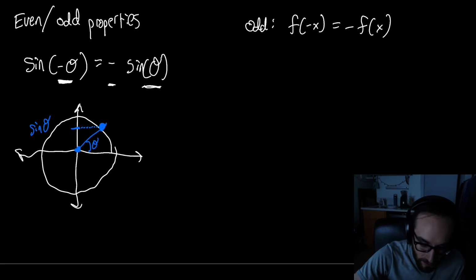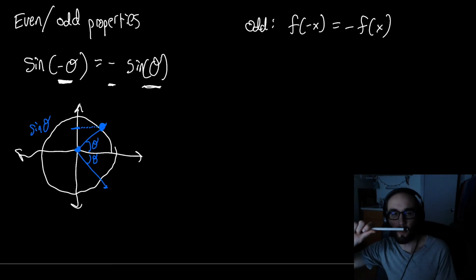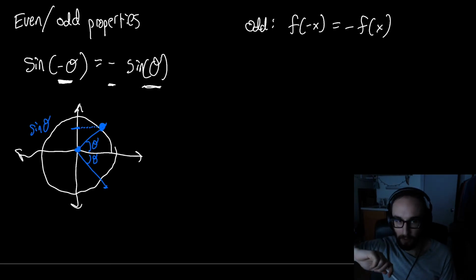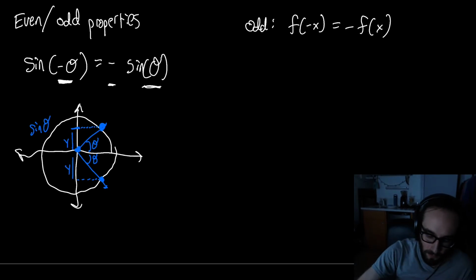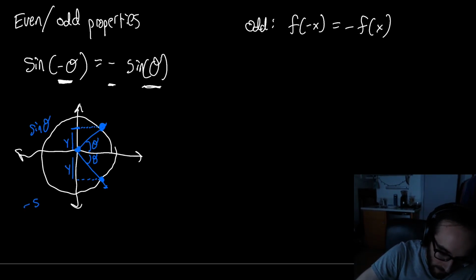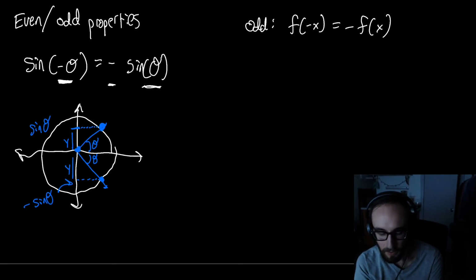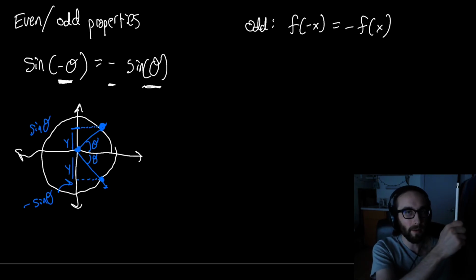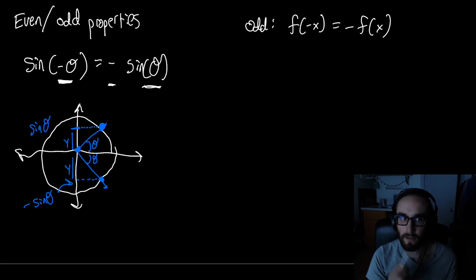If we were to instead go negative theta, in other words, start at the positive x-axis and then go down by theta, then what this is saying is we end up with the same y value, the same y distance, but in the negative direction. So we have negative sine of theta right here. So if we go up by theta, then going down by theta is just going to give you the negative output.